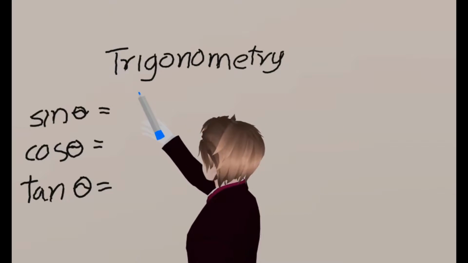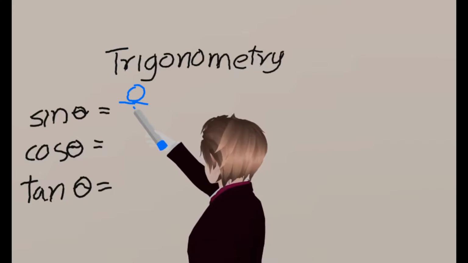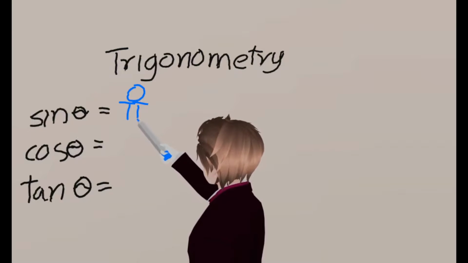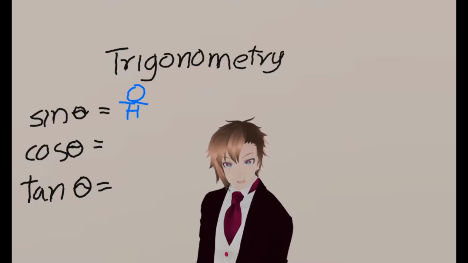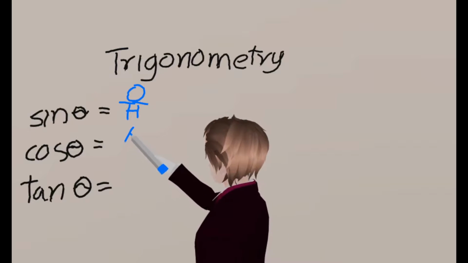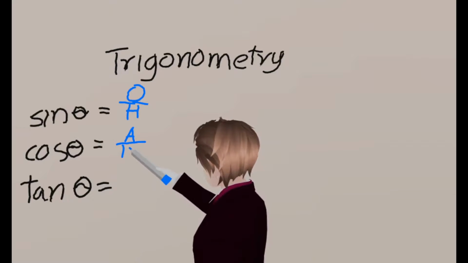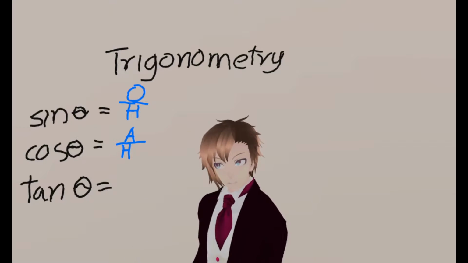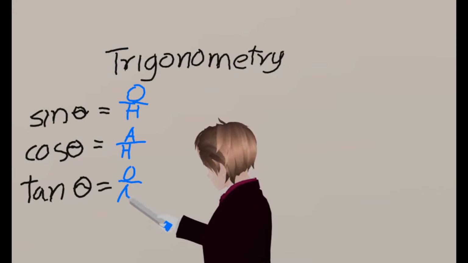Sine compares the opposite and the hypotenuse. Cos compares the adjacent and the hypotenuse. And tan compares the opposite and the adjacent.